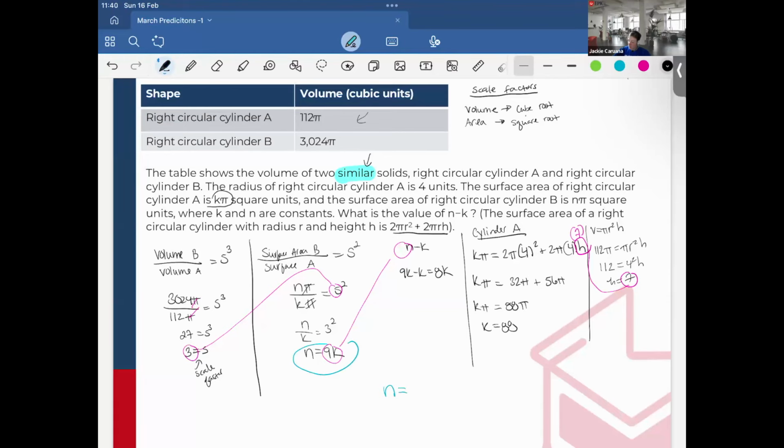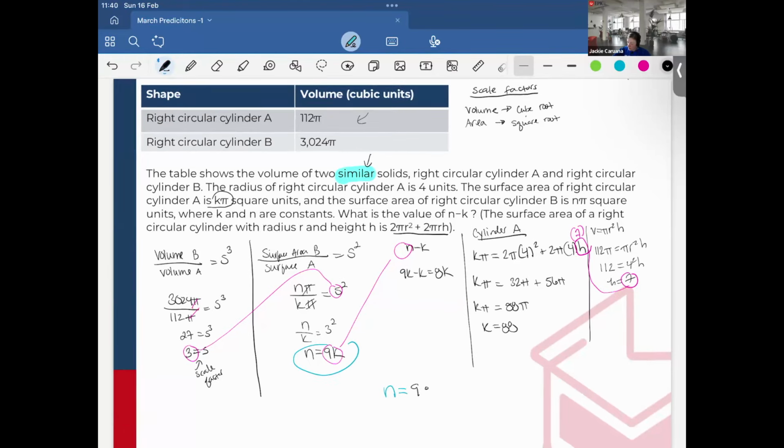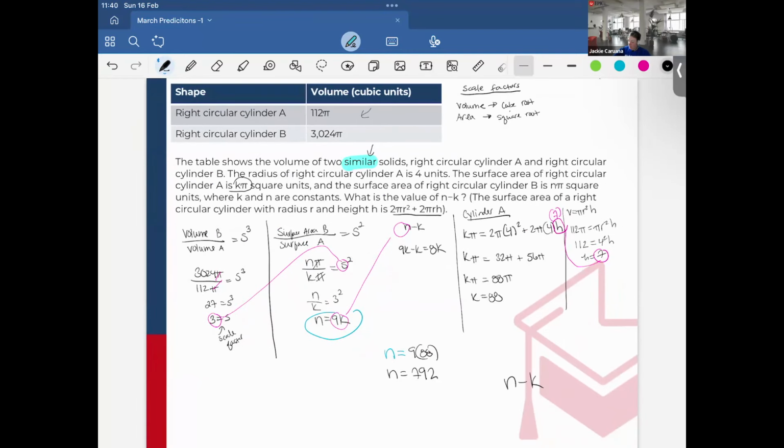N is equal to 9 times 88, 792, and n minus k, 792 minus k, 88, which is our correct answer, 704. Oh my goodness, so amazing.